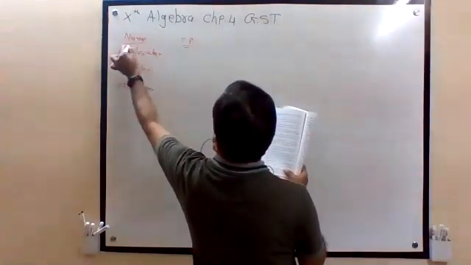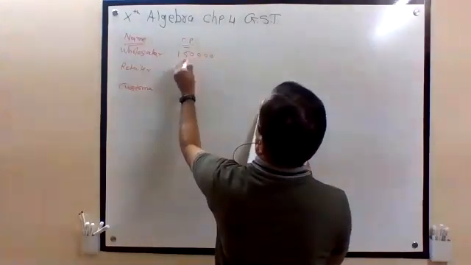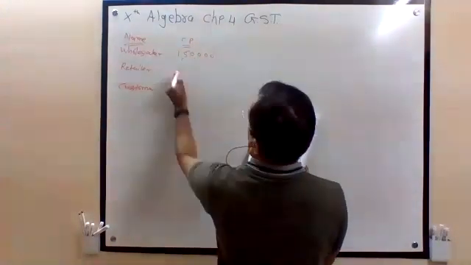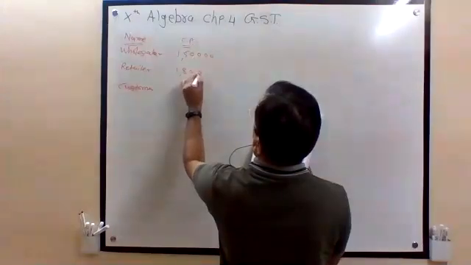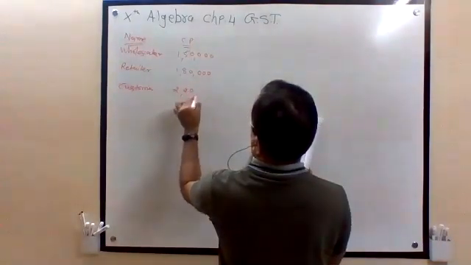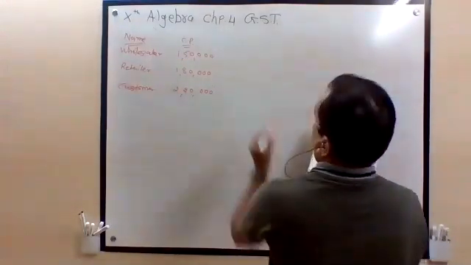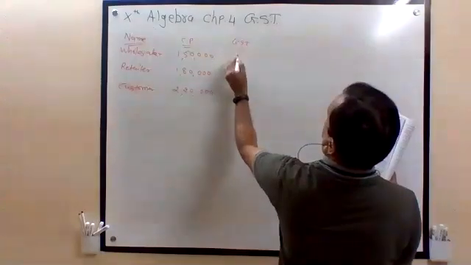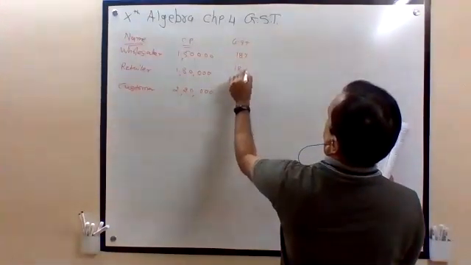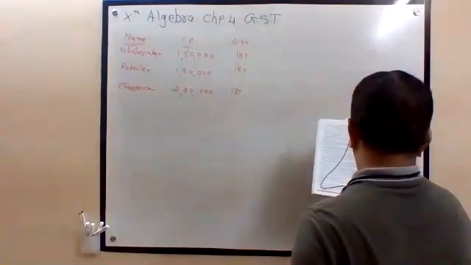Cost price 1,50,000, 1,80,000, 2,20,000. GST 18%, 18%, 18%.